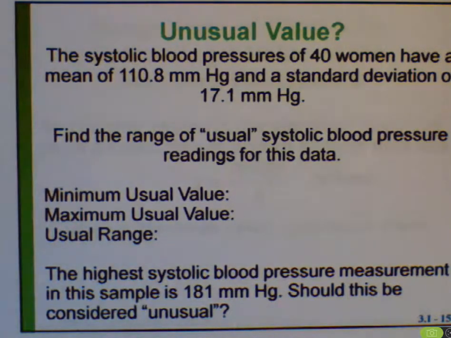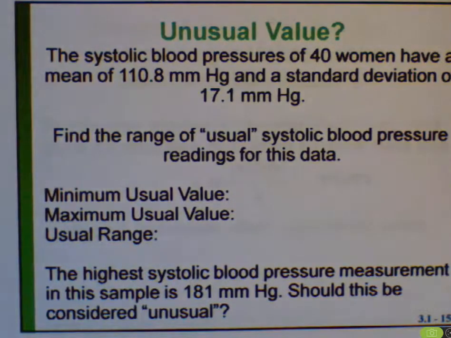So here's an example. The systolic blood pressure of 40 women have a mean of 110.8 millimeters of mercury and a standard deviation of 17.1 millimeters of mercury. Find the range of usual systolic blood pressure readings for this data. First, identify what we're given in the problem.